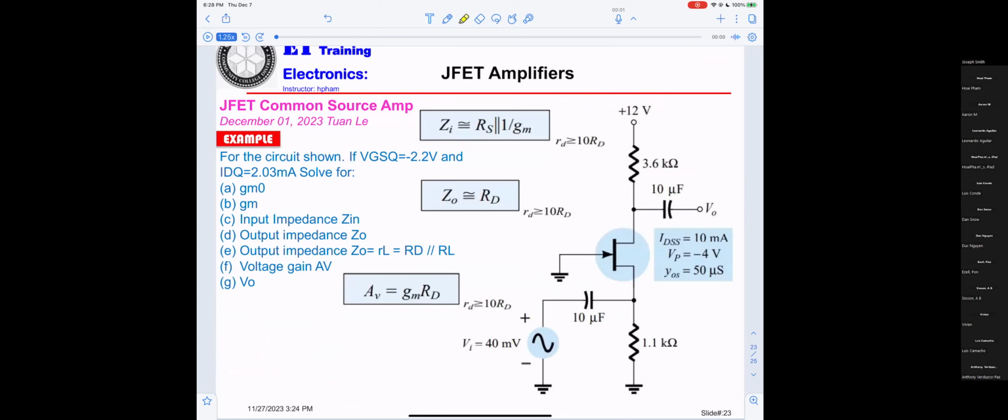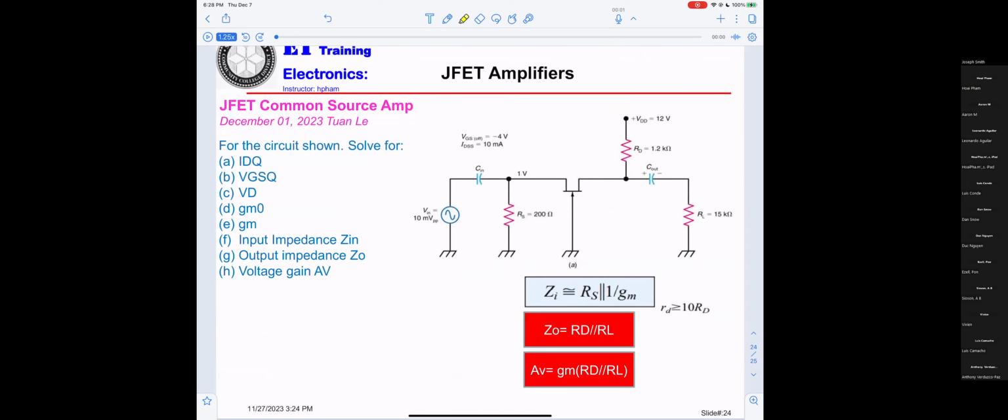Okay, so this is common gate, and they want to do a calculation here. Okay, everything they already did, the formula here. Z out equals R D, Av equals gm times R D. Okay, and this is just an example.